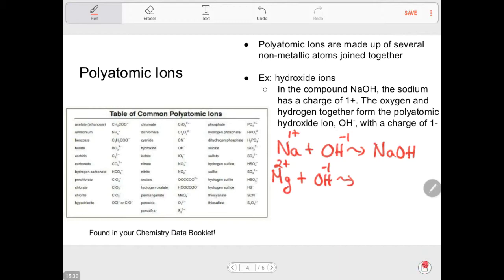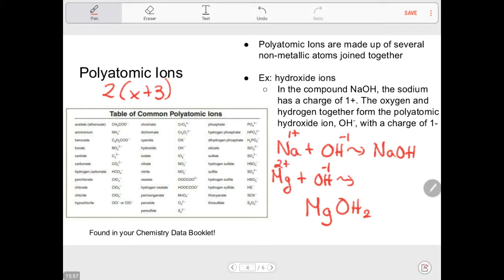You have to have 2 to balance it out. But here's what everyone does. I'm going to show you the wrong way. Everyone does this. And I don't blame them for doing it. They go like this. They go MgOH2. But you got to stop yourself because these are polyatomics. You see, if you're familiar with math, maybe you've seen this before.